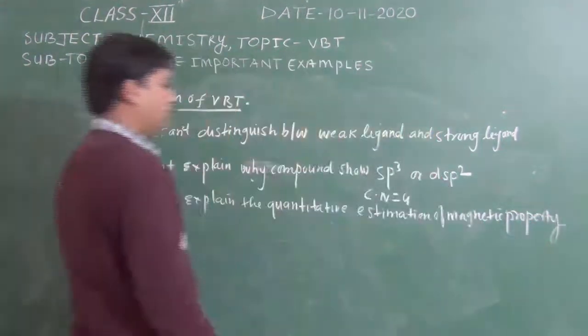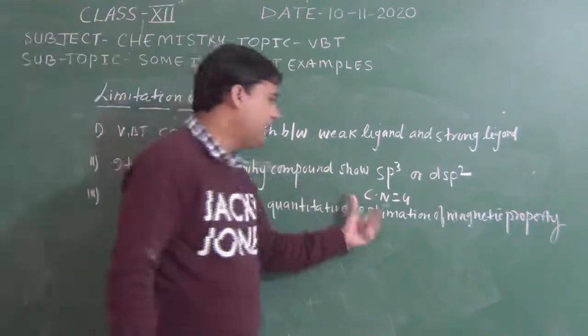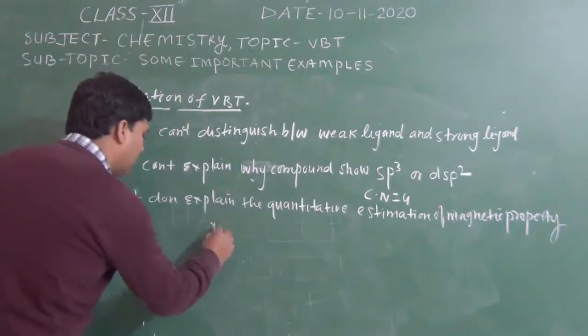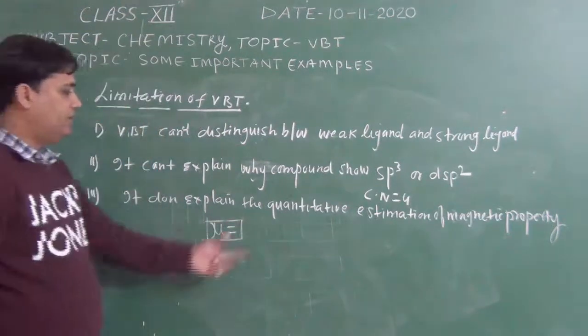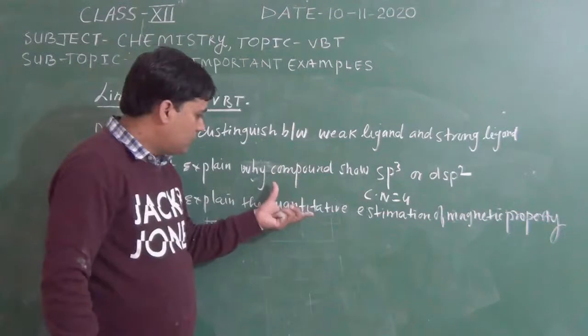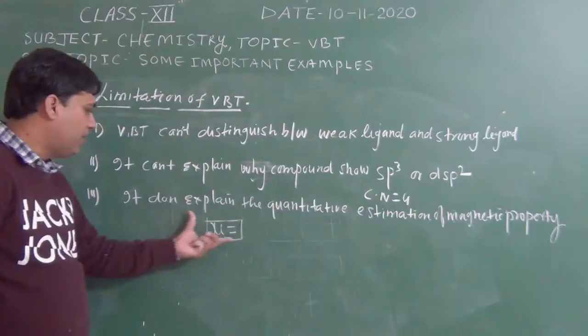It only says whether it is paramagnetic or diamagnetic, but it does not explain the value of the magnetic moment. Quantitative means there is some amount or value, some formula by which we can calculate the magnetic moment.